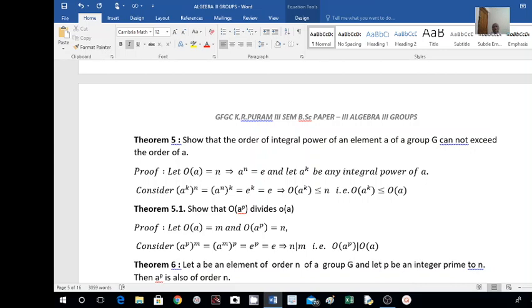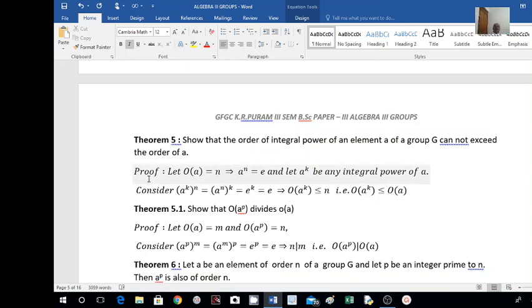Now, suppose A to the power K is any integral power of A, then the theorem states that order of A raised to K must be less than or equal to order of A. That is, the order of an integral power of an element A cannot exceed the order of A.